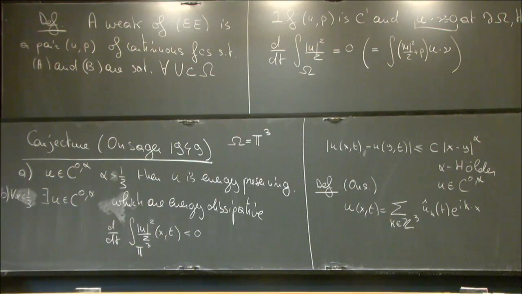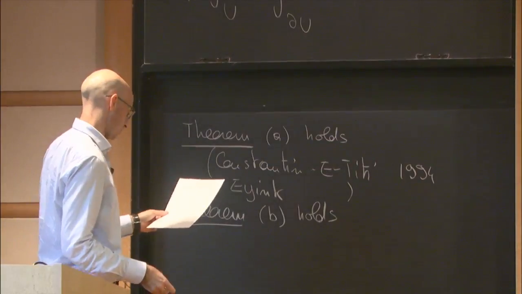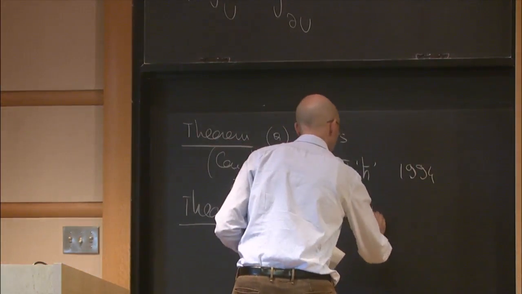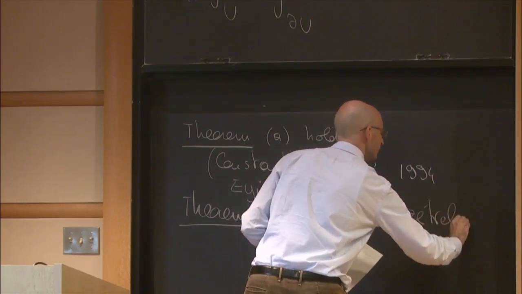Okay, and B is also a theorem. So B holds as well. Okay, and this was the end of the story 1 or 2 years ago that I started with my friend Laszlo Szekelyhidi in a series of papers.